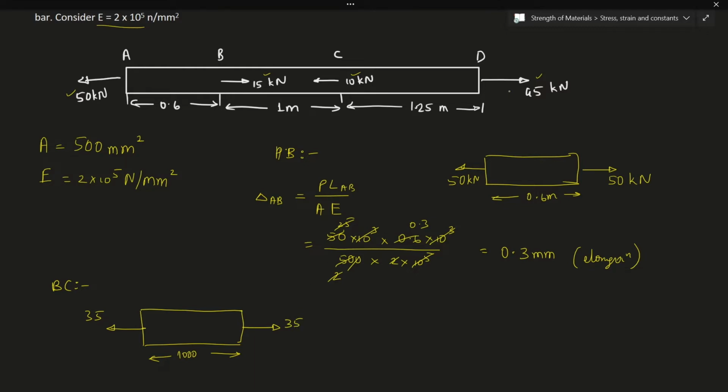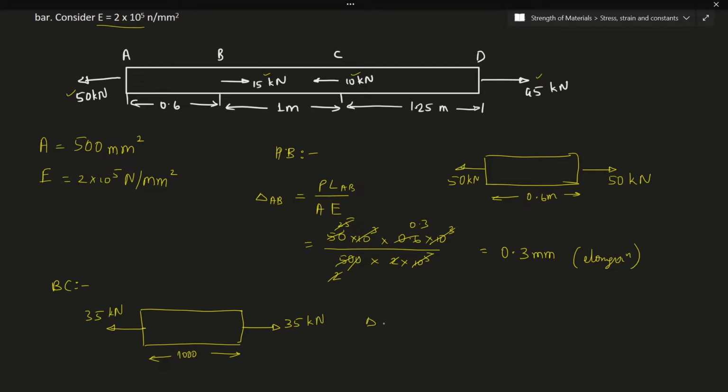From the right hand side, 45 is the tensile force, minus 10, gives 35 here. The left hand side and the RHS are equal, as the body is in equilibrium. All of this is in kilonewton.